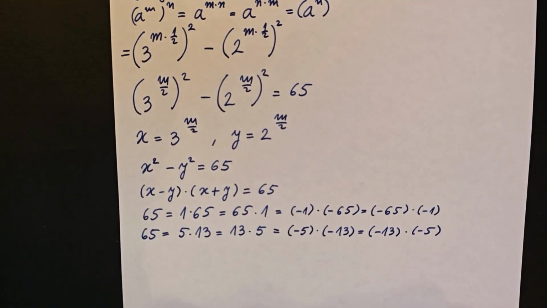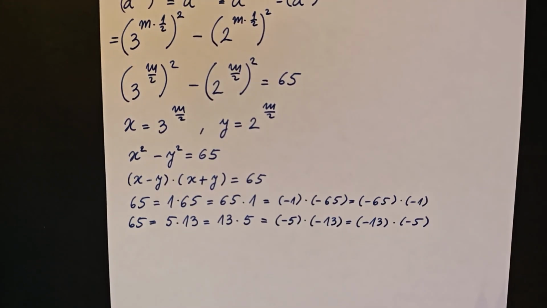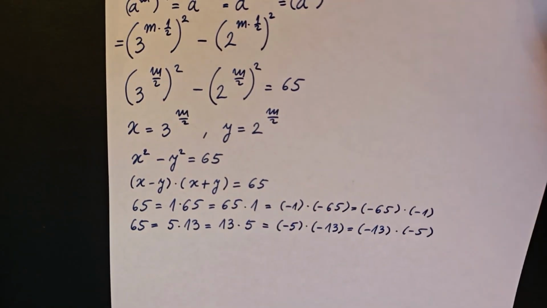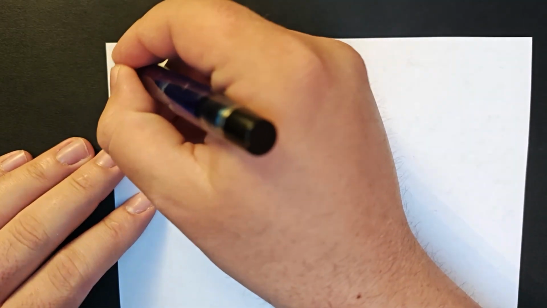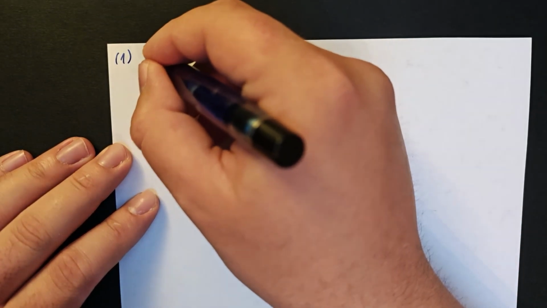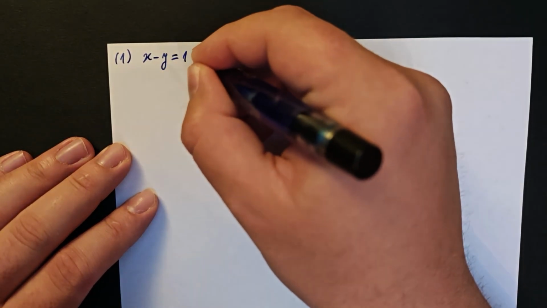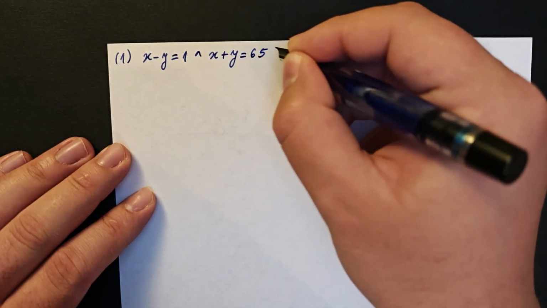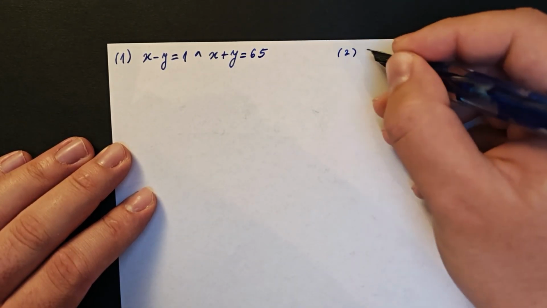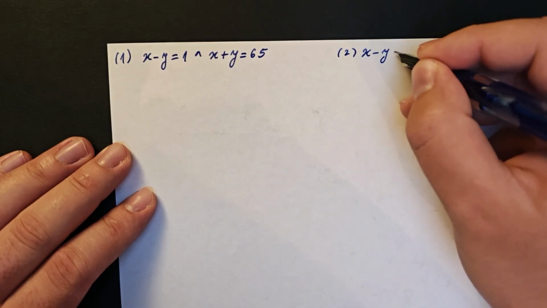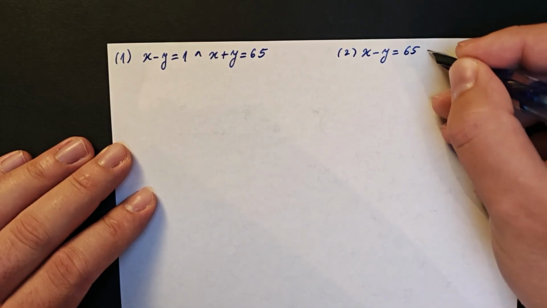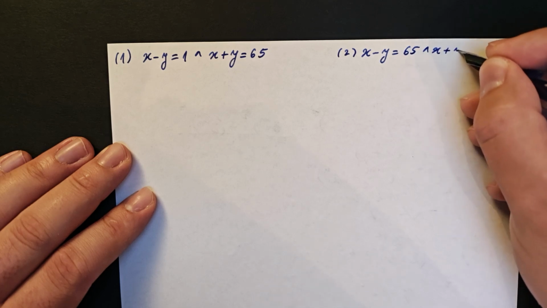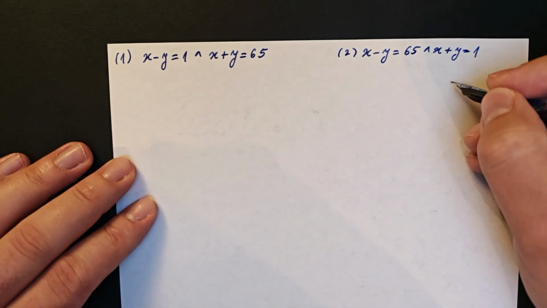This is going to give us a couple of different cases which we have to take into consideration. So let's write all these cases down. The first case is going to be that x minus y is equal to 1 and x plus y is equal to 65. The second case will be that x minus y is equal to 65 and x plus y is equal to 1.